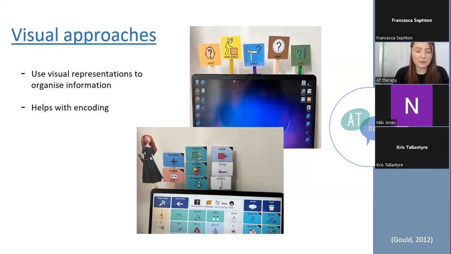Another way of using visuals is interactivity. If we could make the visuals interactive, that's another step. That helps to engage users, reinforcing memory through hands-on exploration. And it's multimodal learning.